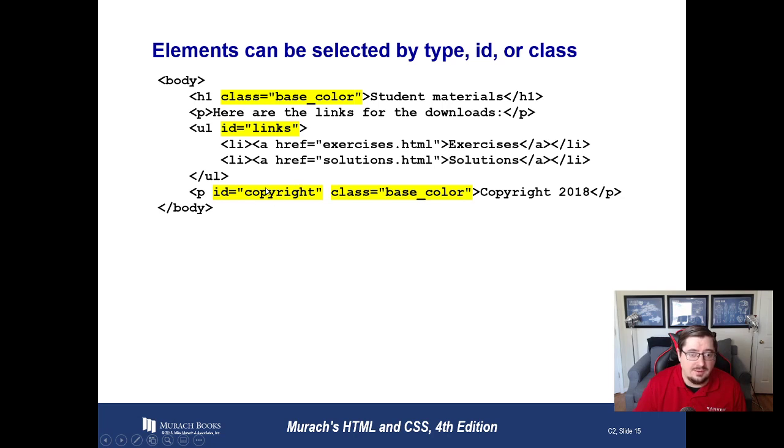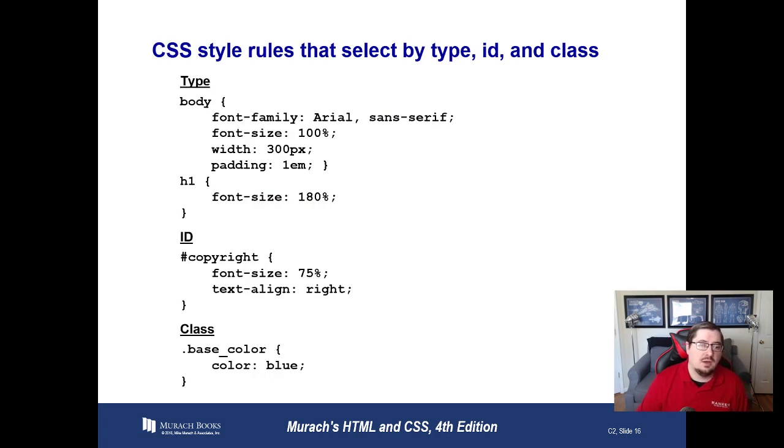We've added an ID, copyright, to this paragraph down here, as well as the class base color, right? So any rules that refer to ID links will refer to this, ID copyright would refer to this, and base color would refer to both the header and the copyright, because both of those have the same class. Okay, so for instance, if we're looking at the different kinds of selectors, right?